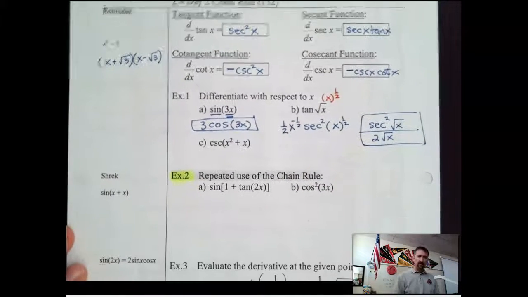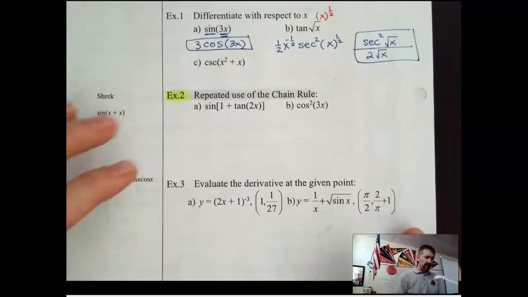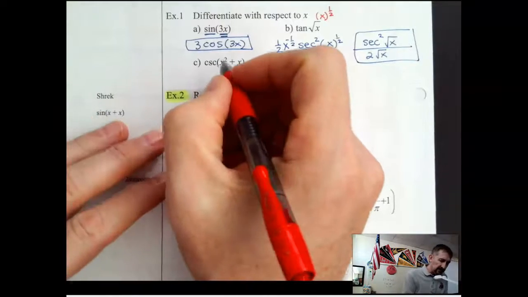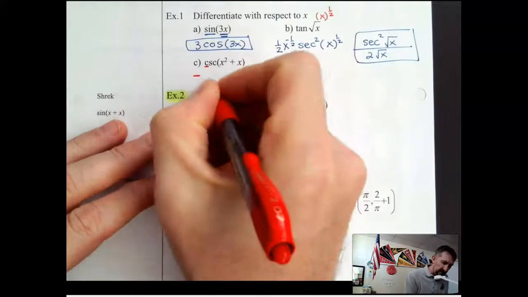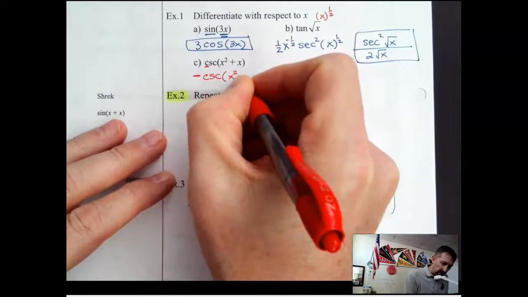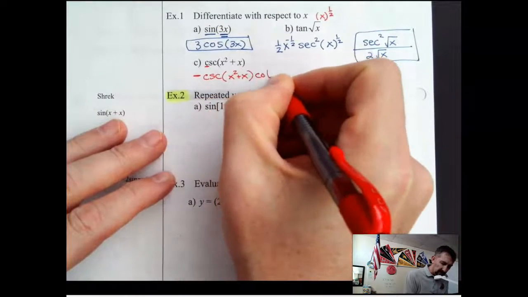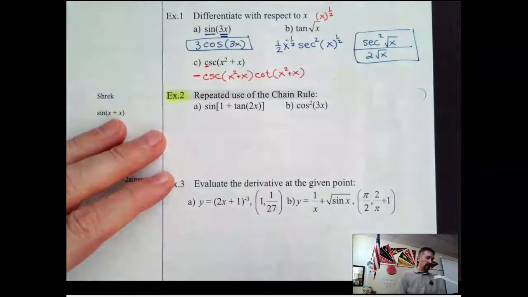And the derivative of cosecant. The derivative of cosecant is negative cosecant, it starts with c so it's negative, cosecant cotangent, and whatever's in there, you just write down the same.